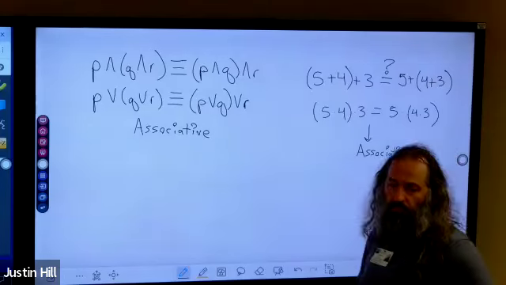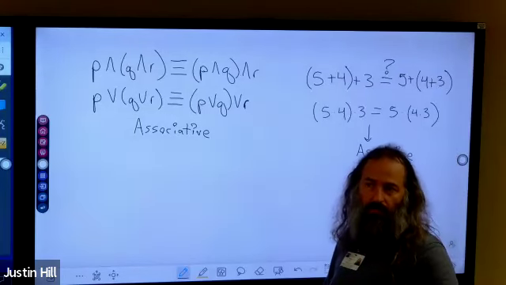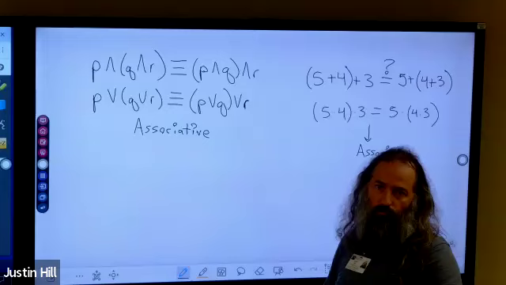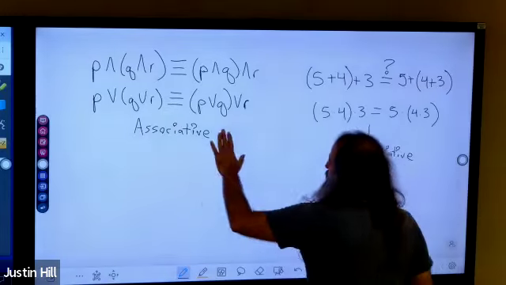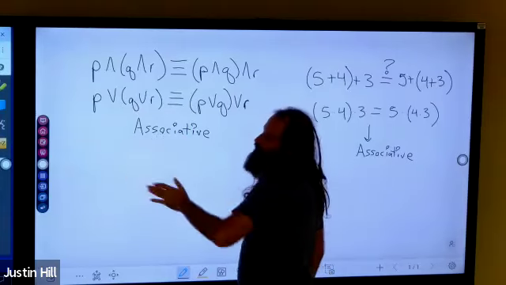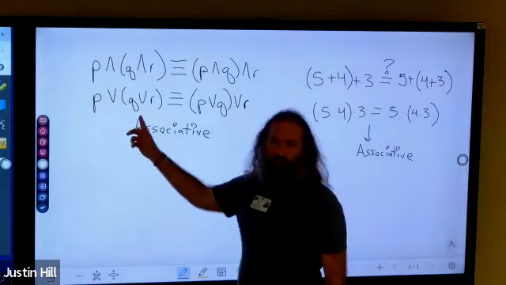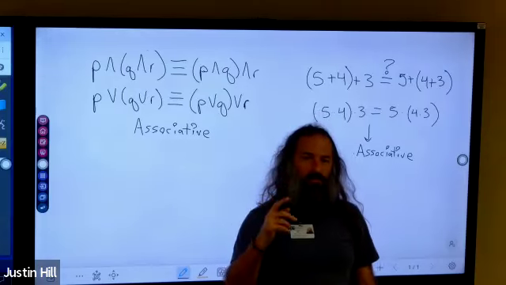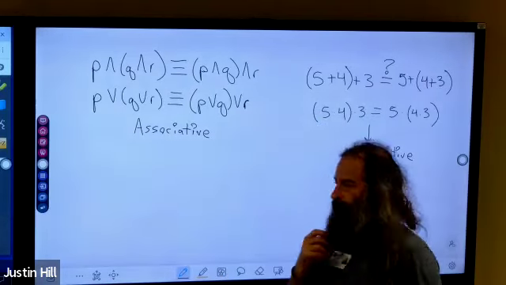And so it ends up that actually a lot of the same properties that you have in algebra for addition and multiplication specifically, you end up having those same patterns with logical statements using your and your or operators.